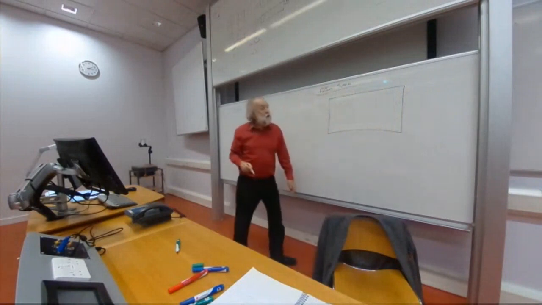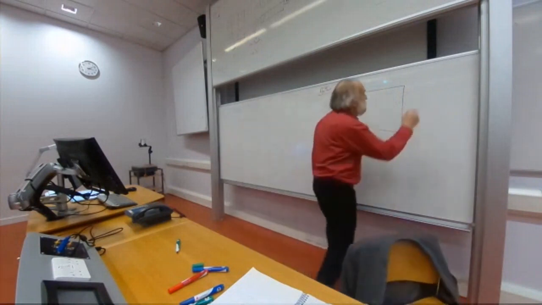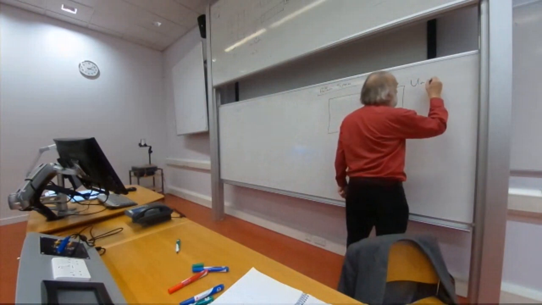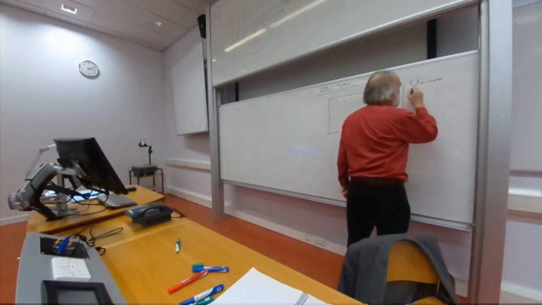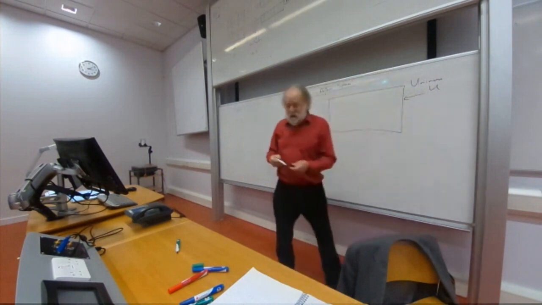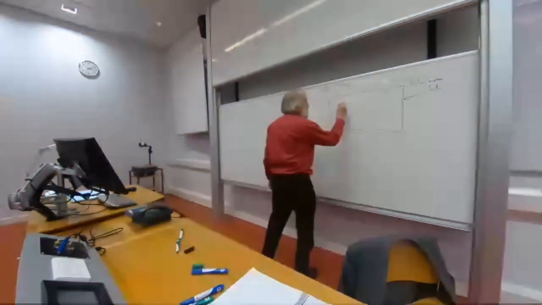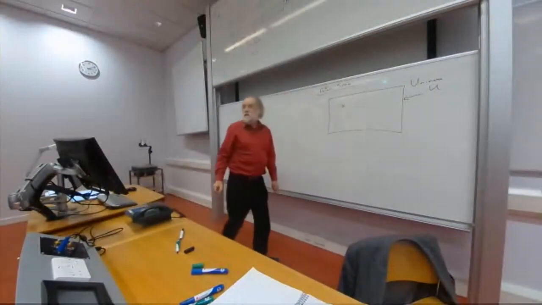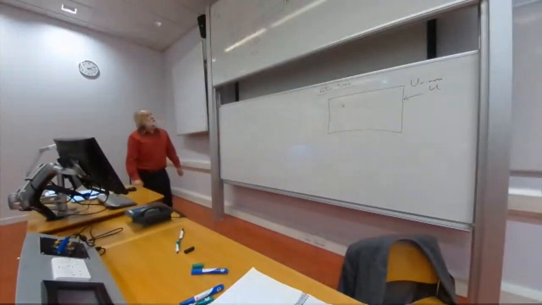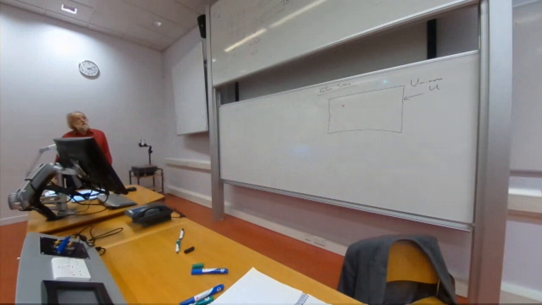Let's draw a block and call that the universe, U. And let me take one training pattern. Let's call it there. That's a two-dimensional representation of what is a multi-dimensional real-world problem. One pattern.